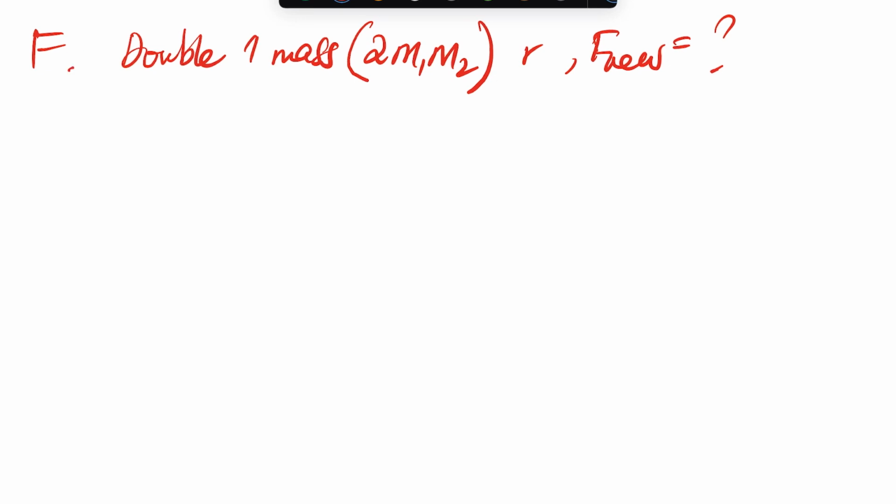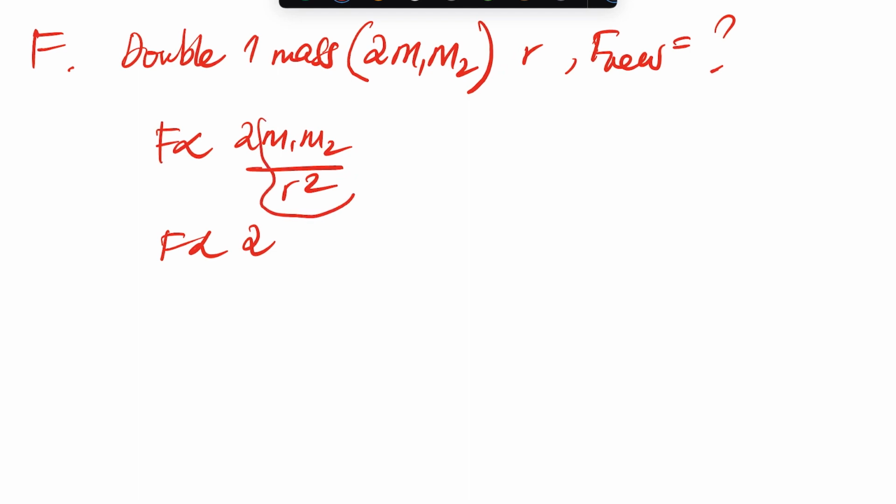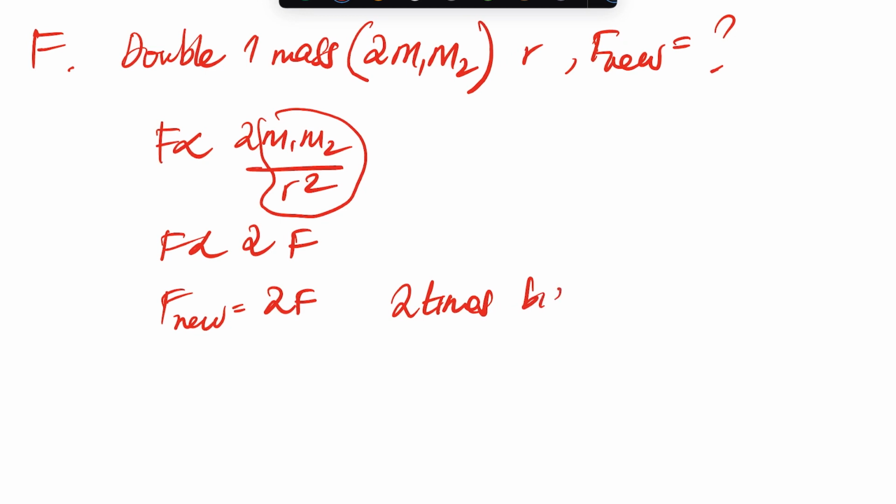So if you double one mass, you have 2 mass 1 times m2 over r squared. So the new force is going to be 2, and this represents F. So the new force is going to be 2F, which means it's 2 times bigger than F. Remember when I said they're directly proportional, the factor by which the masses change is the same factor by which the force changes.